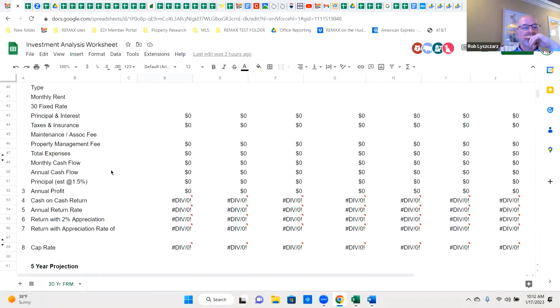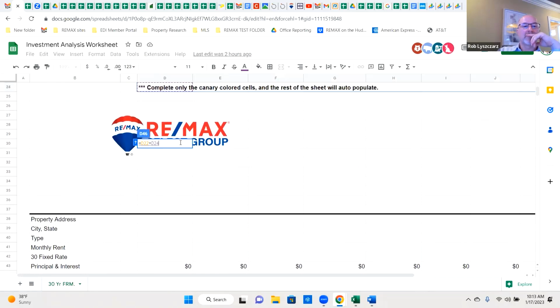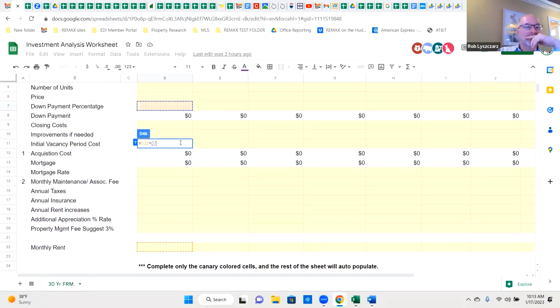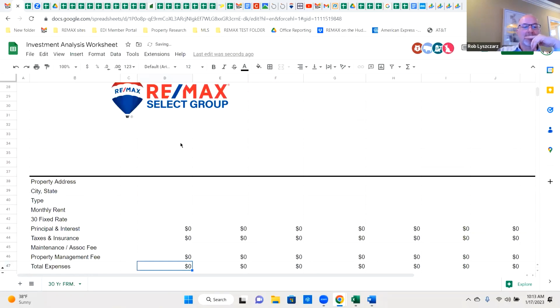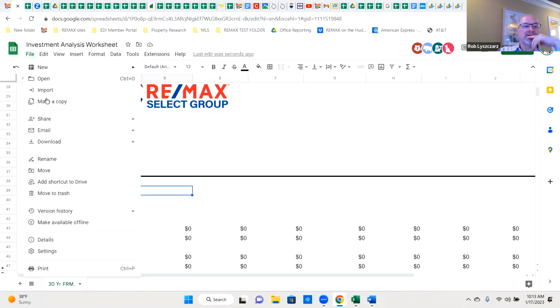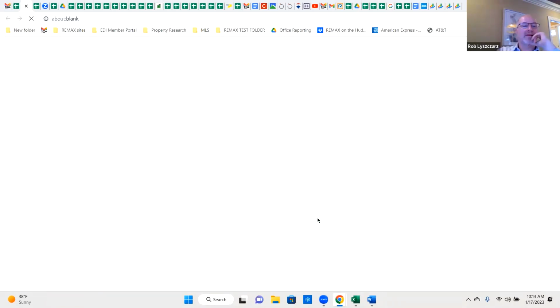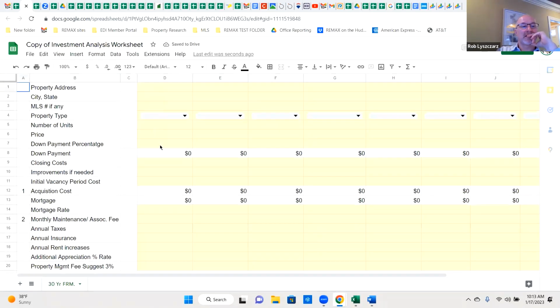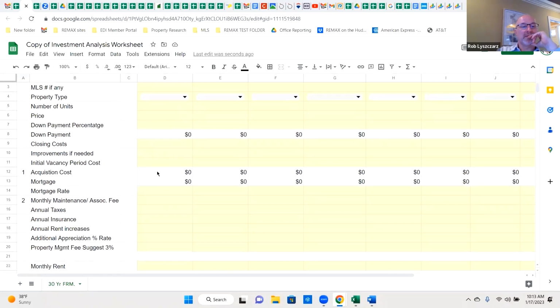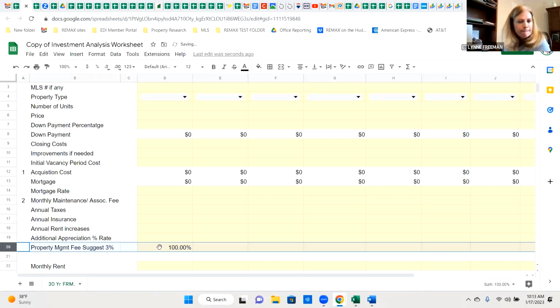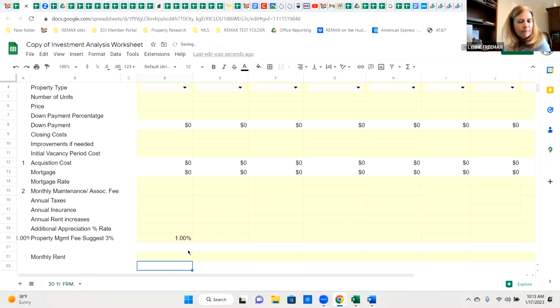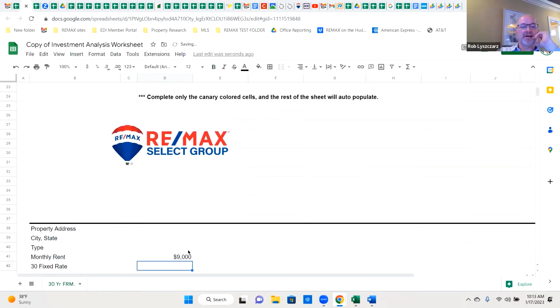So that would be maintenance fee. So now if I make a copy of this, and I put in here maintenance fee 1%, and I put rent 9,000, it should be $90 down here.